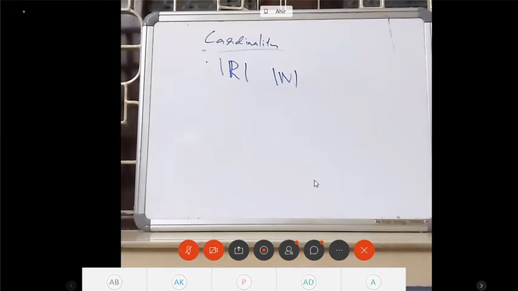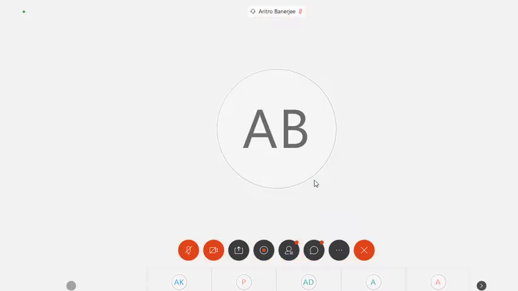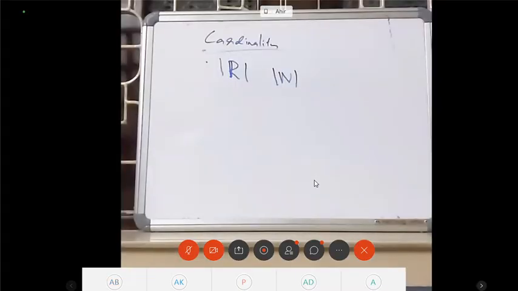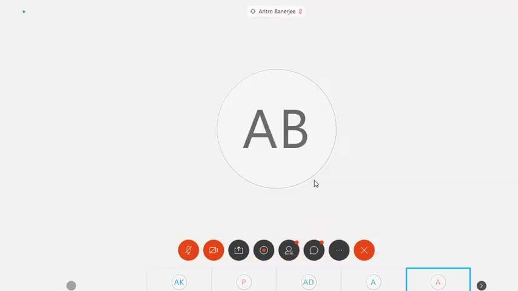I think the cardinality of R is greater. Okay, and why so? So you're saying that the cardinality of R is more, so you're basically saying that R is an uncountably infinite set, right? Yes. Okay, so can you prove that?